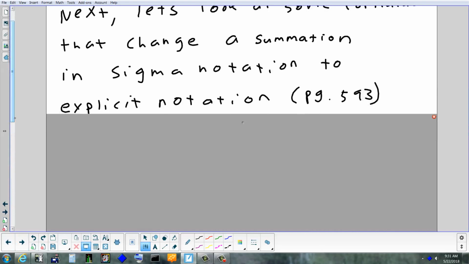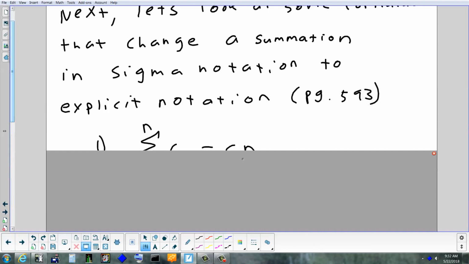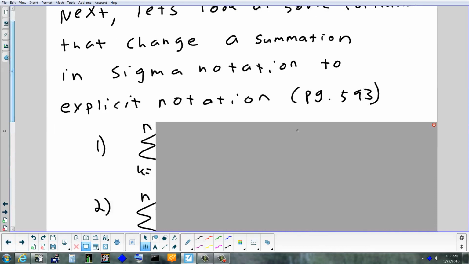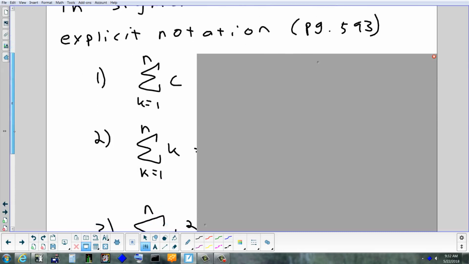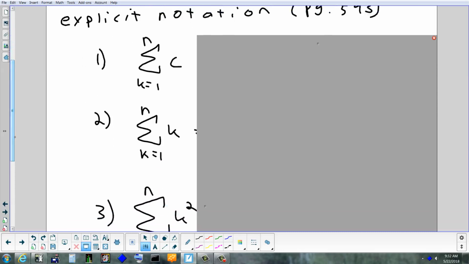So these are formulas that take a sigma and get rid of it. Remember, sigma is a nice way to write things down, but it doesn't actually speed up any calculations at all. So we want to get rid of sigmas when we can. We're going to look at 3 different formulas. We already did this one. This is adding up the first n integers.